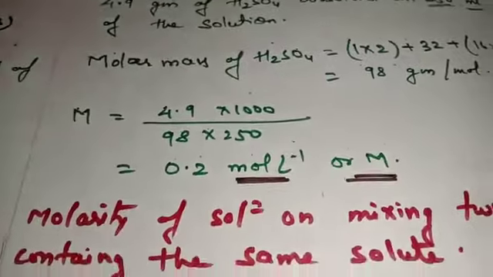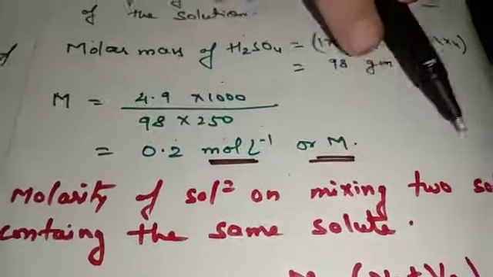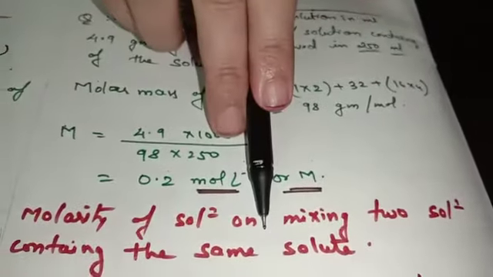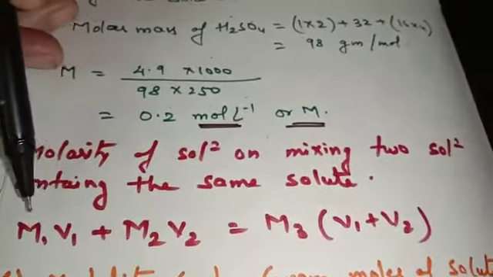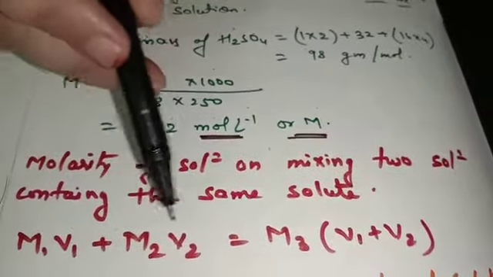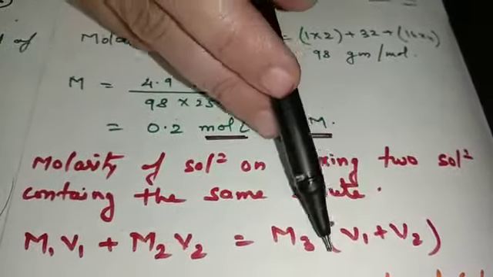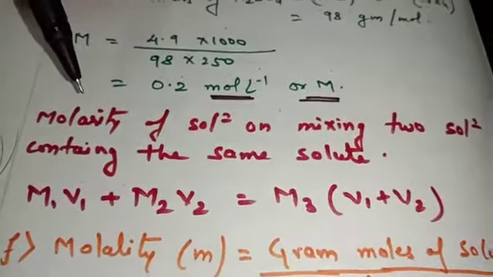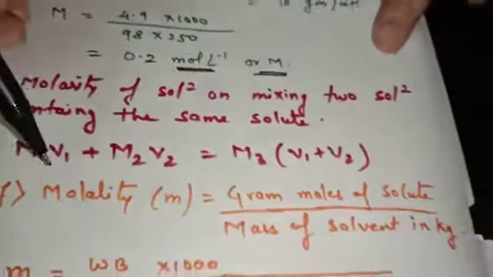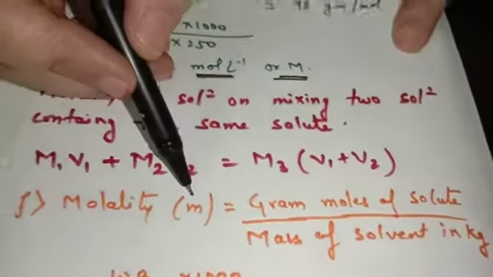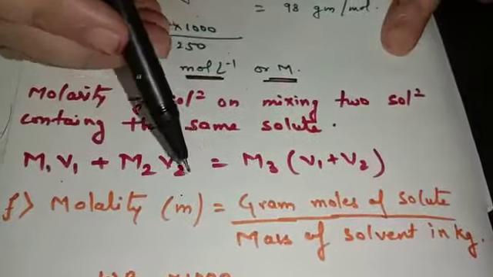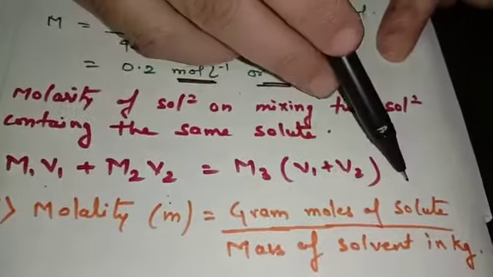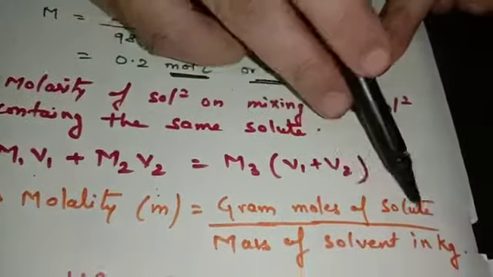Now, molarity of a solution on mixing two solutions containing the same solute will be M1 V1 plus M2 V2 is equal to M3, under bracket V1 plus V2. After that the next unit is molality, which is represented by small m. So molality is gram moles of solute upon mass of solvent in kg.